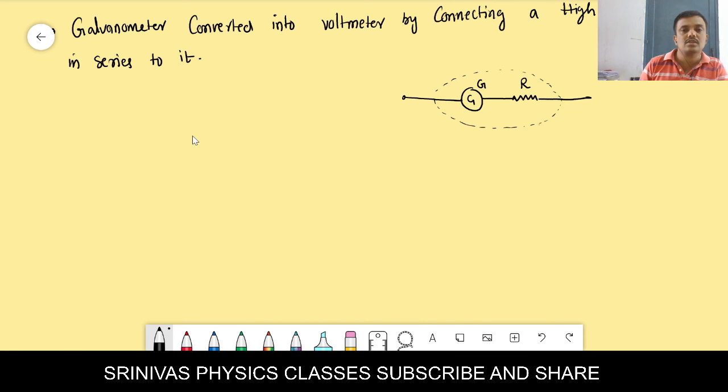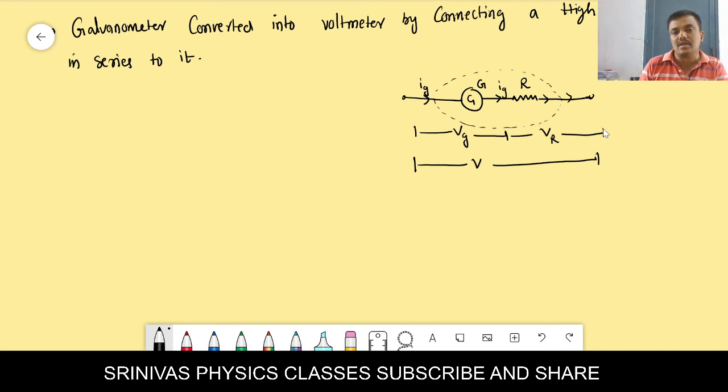Then how much high resistance should we connect in series? Look here very carefully. Ig current we are sending. From the figure, the new voltage measured is V, where Vg is the voltage across the galvanometer and V suffix R is the voltage across the resistance.